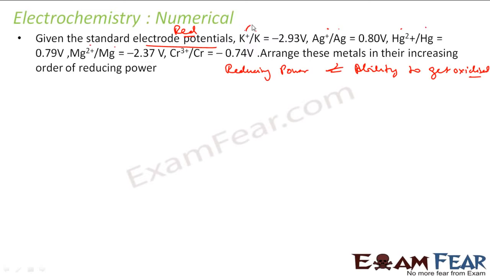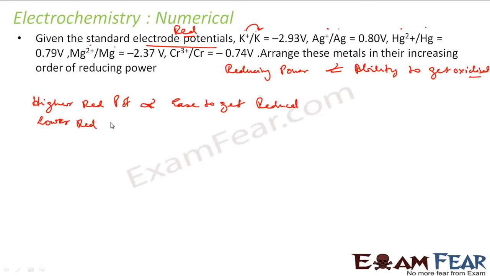See, the one which will get oxidized on its own will reduce others. Right? So ability to get oxidized. So this is the reduction potential, right? So higher reduction potential implies a tendency to get reduced. That means lower reduction potential will imply what?